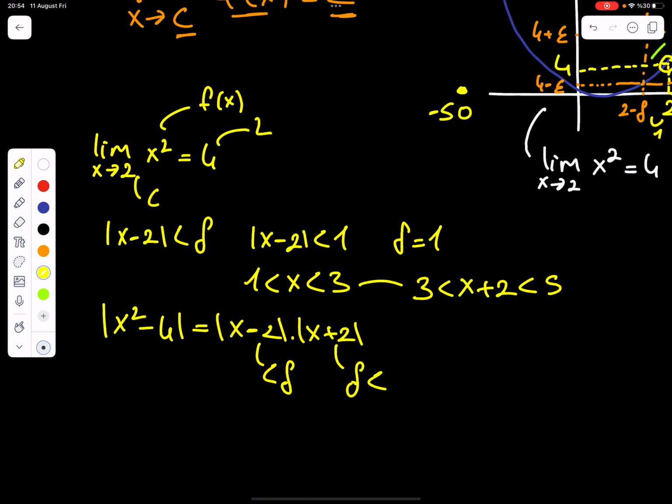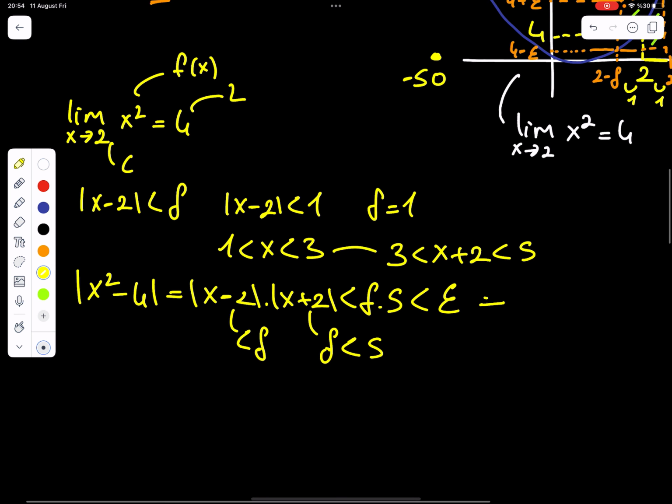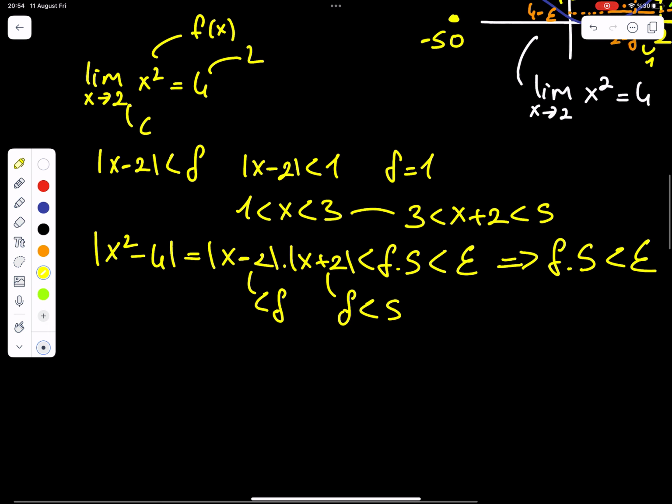This is smaller than 5, and this whole thing is smaller than delta times 5. And now we know this is also smaller than epsilon. So delta times 5 is smaller than epsilon, and when we solve for delta, we get delta is smaller than epsilon divided by 5.